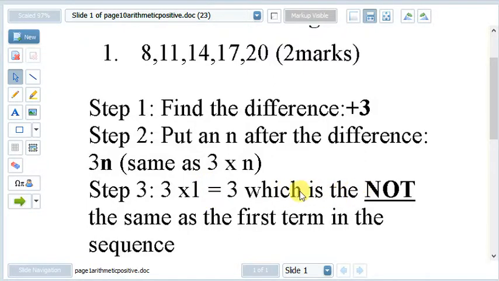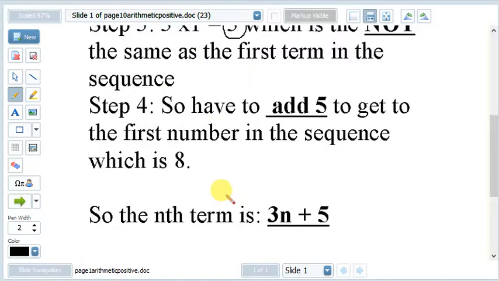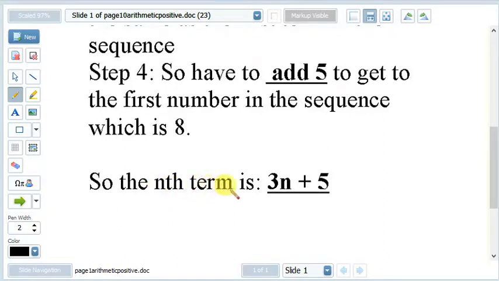That is not the same as the first term in the sequence, which is 8. So what do we have to add or subtract to this 3 to get up to 8? And the answer is 5. So therefore the nth term is 3n add 5.